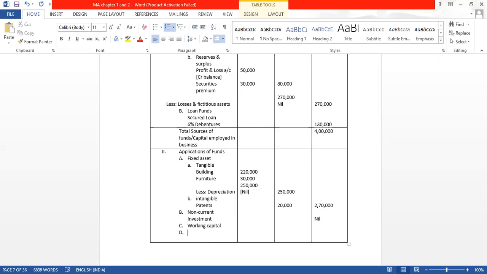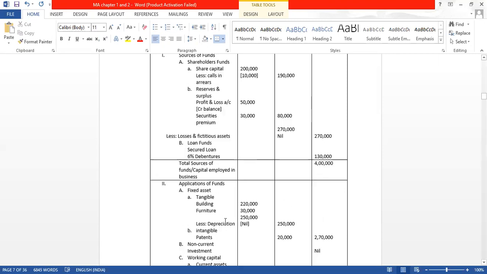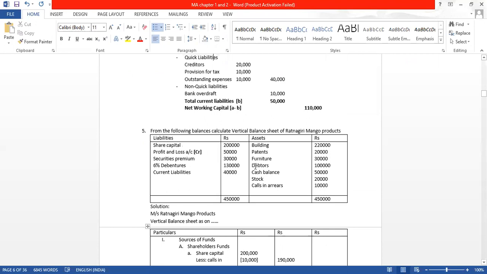In working capital, A, current asset. In current asset, first of all, quick asset. Let us see, what is given in quick assets? Debtor and cash balance. Two things are there.